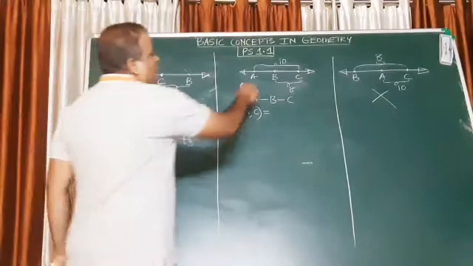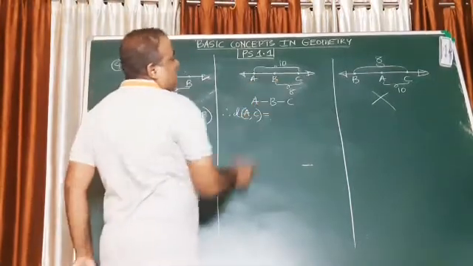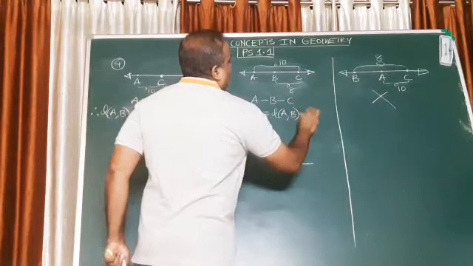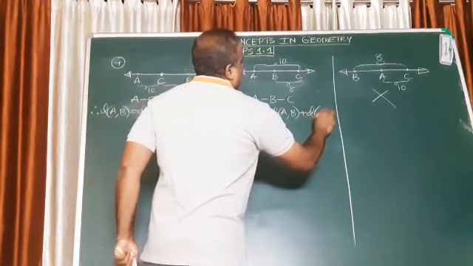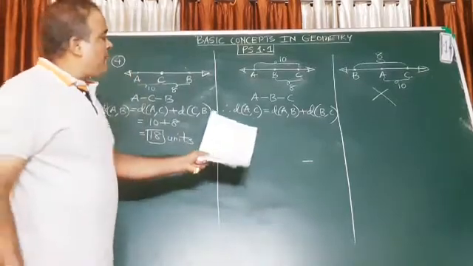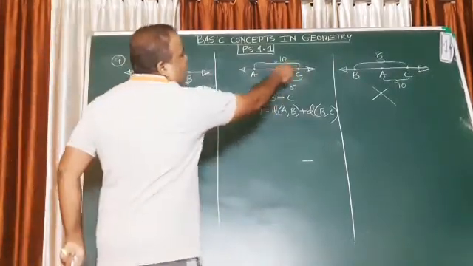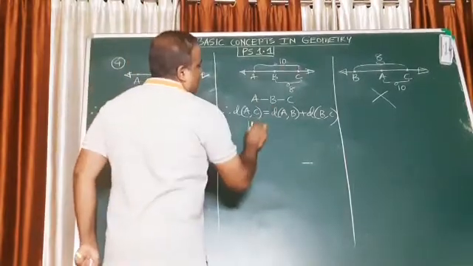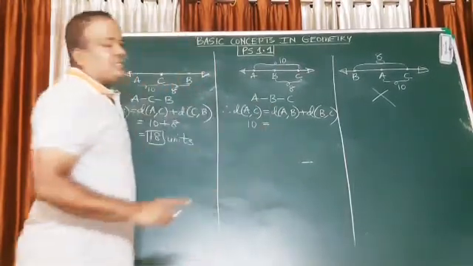Yes, the full distance AC is equal to AB plus BC. What is the distance AC given in your book? AC or CA is 10. So I write 10.